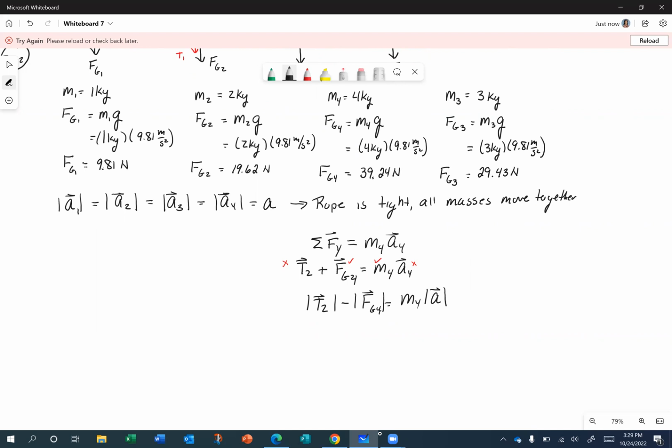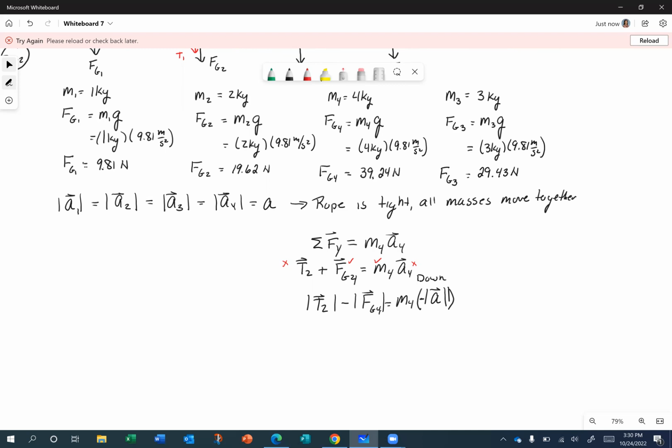But it is a vector, so we need to recognize that this one is going to be going down, right? So just as we made this a negative, the negative force of gravity, we need to recognize that that is going down. So we do want to make this a negative value. We're not going to subtract it, but it should have a negative value to it because it is going down.